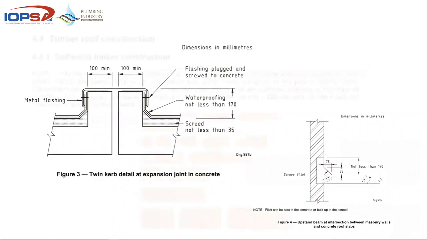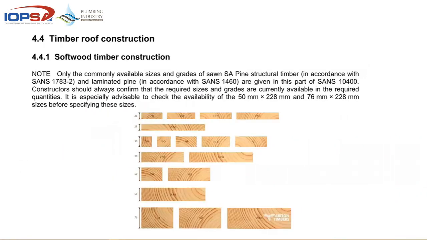Here's the upstand. And then I think what we're going to do is look at timber roofs, which is the one that we deal with most often with regards to placement of geysers or geyser replacements. As far as timber is concerned, these are the standard sizes that are available. This is the latest one.